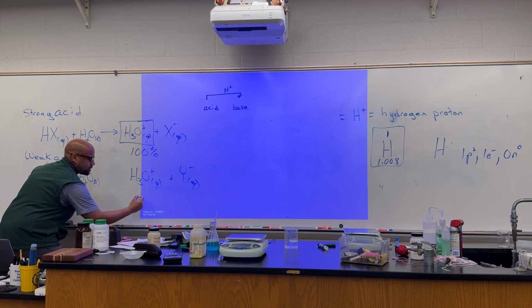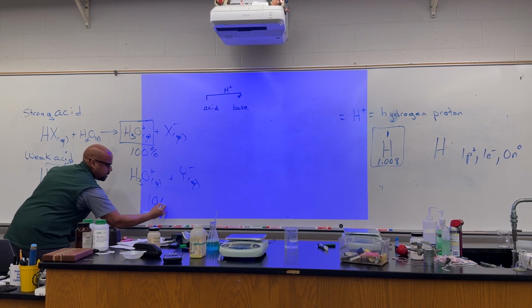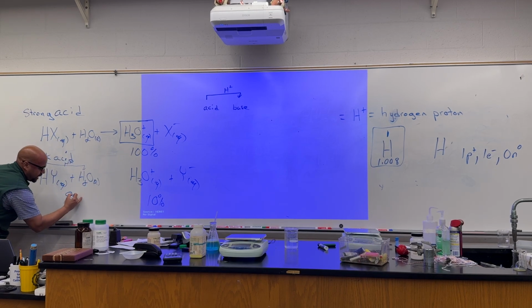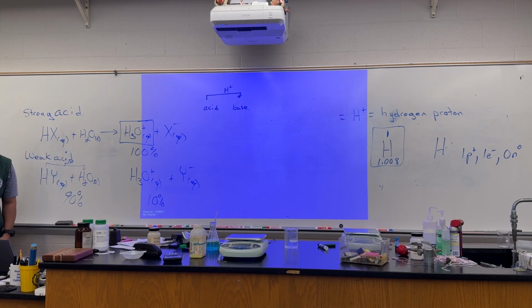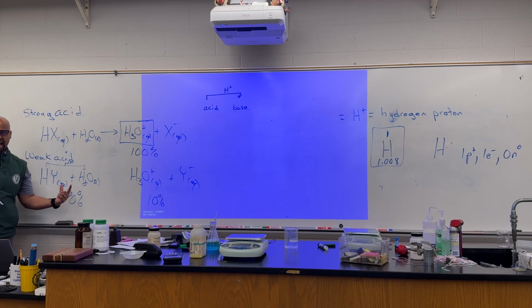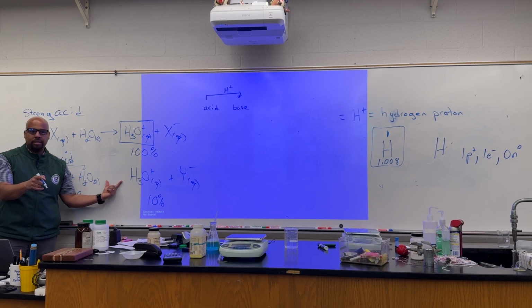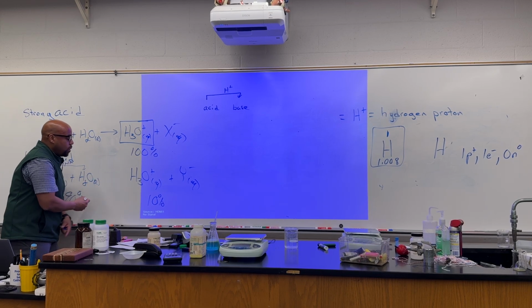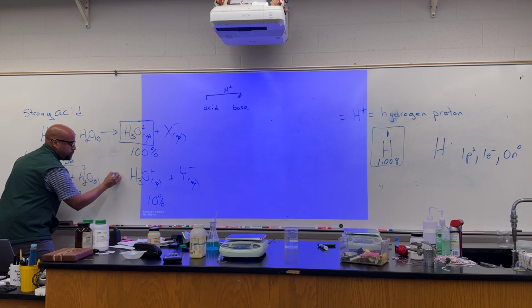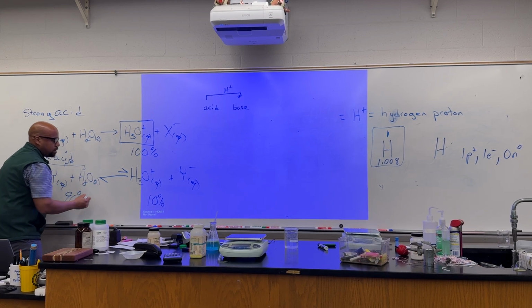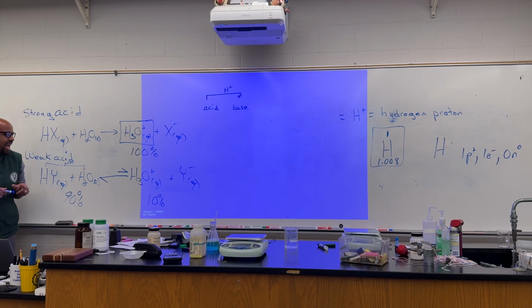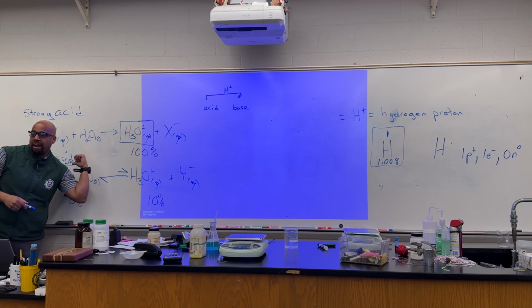Maybe I've got something like 10% here, 90% over here. How is it possible that I can get a lot of it still on this side over here? Where would I probably need to sit right here? Equilibrium. That's exactly it. And sometimes in equilibrium we like to draw it like this, and you might see it in textbooks sometimes. All I'm simply saying is that you've got a little bit going this way, but a lot of it's over here.